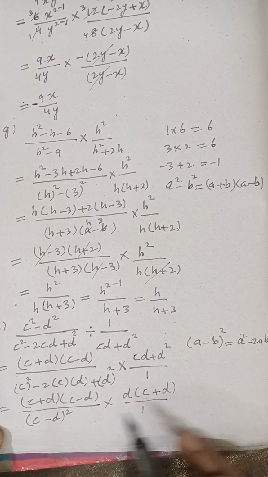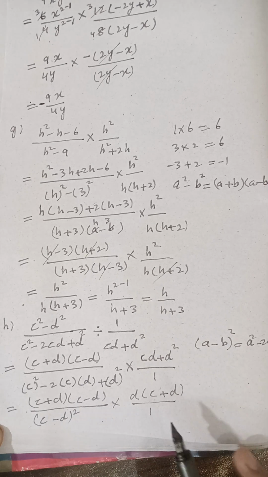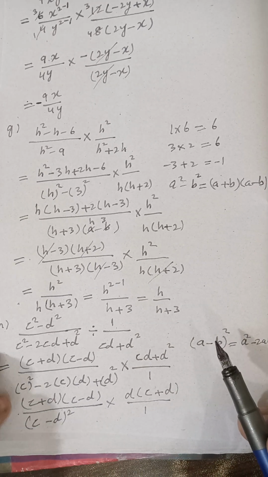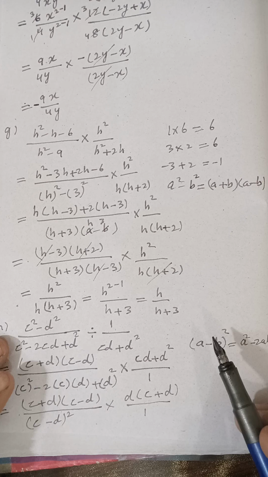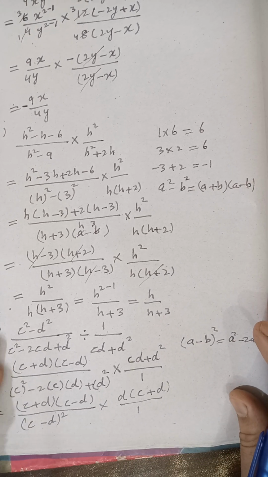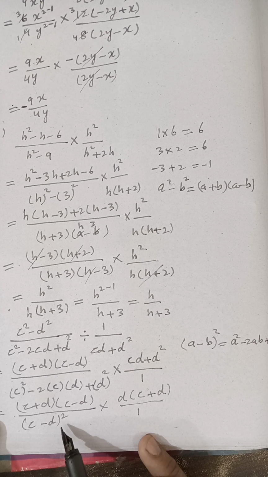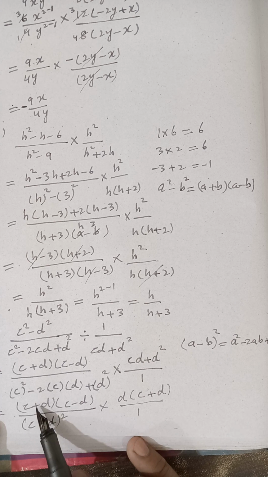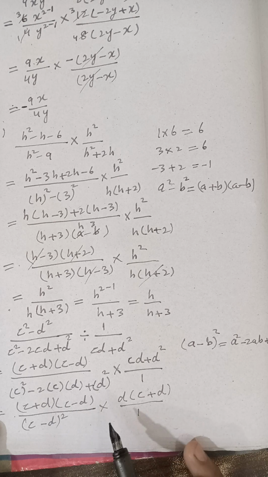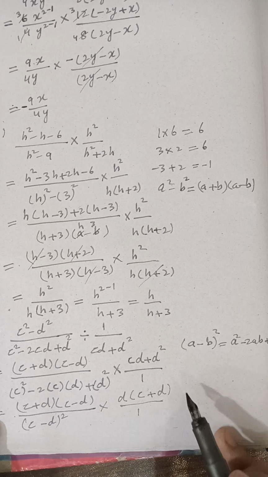And you see that these are simplified forms, and now you can simplify these further. You see that c minus d has higher degree in the denominator, and c plus d has greater degree in the numerator.